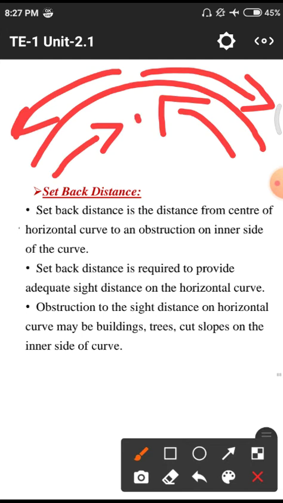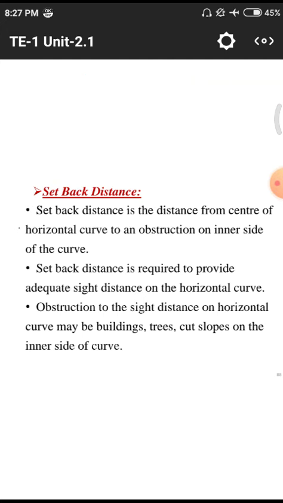While we bend a particular stick, the inner side of the stick has compressive force and the outer side has tensile force. Like that we are having different kinds of distances.